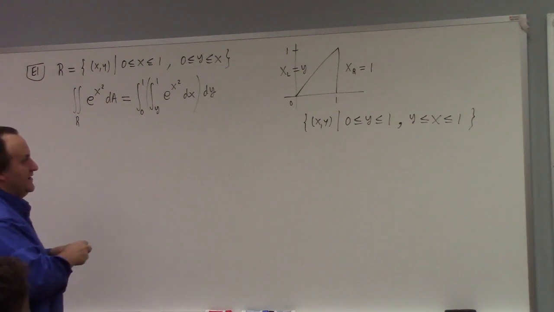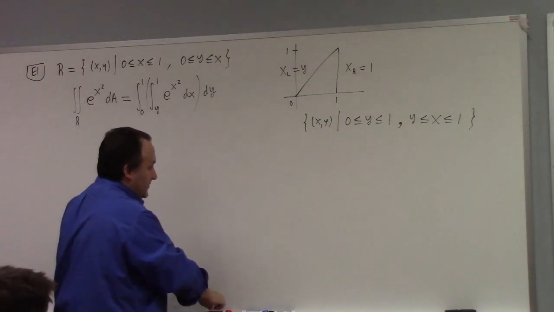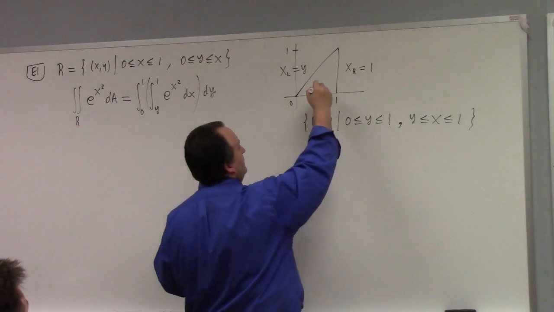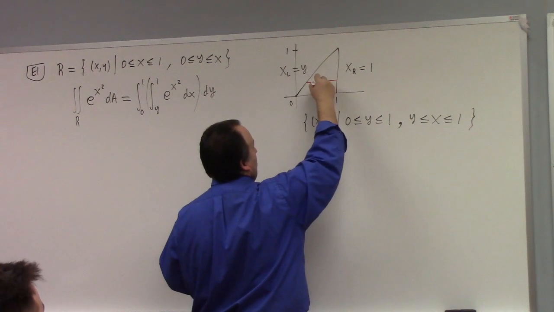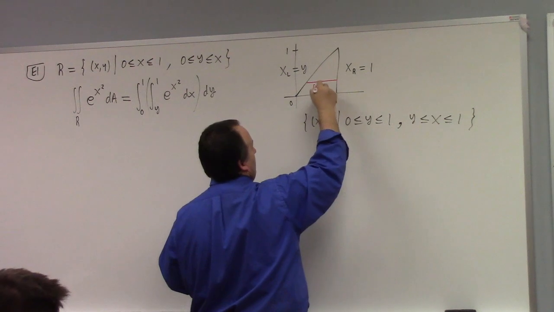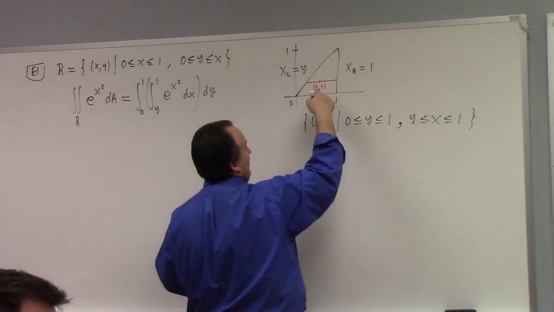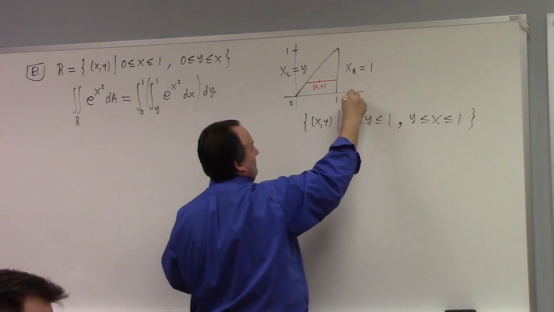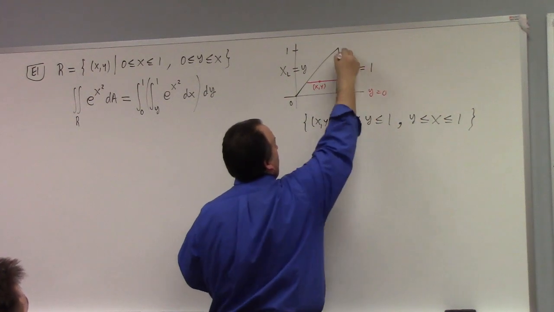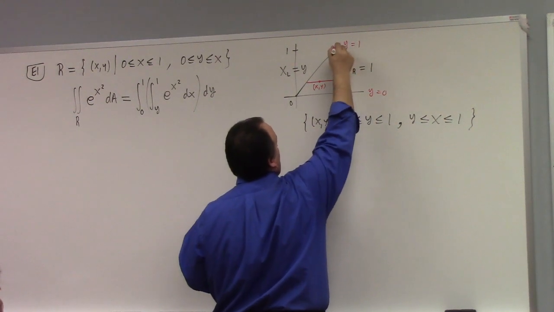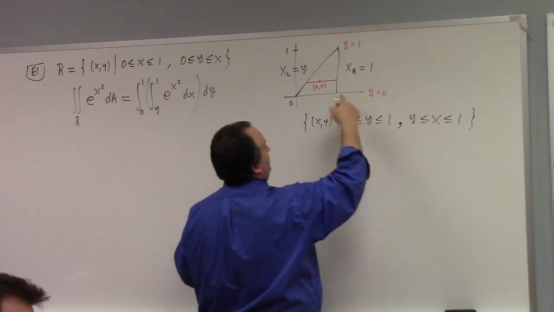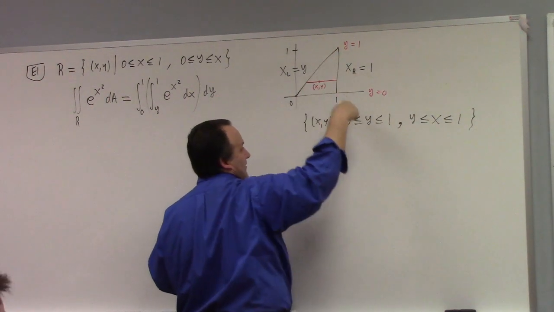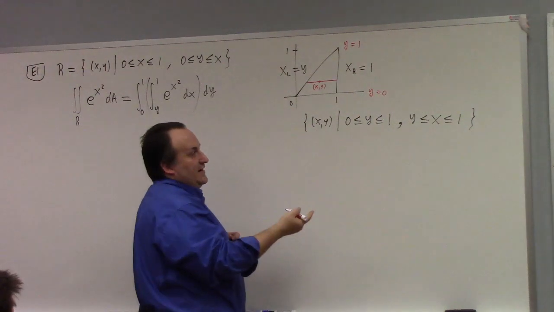I haven't set it up the other way yet, but the idea is you pick a point, and if you pick that point and you look at it, y is between 0 and 1, and x is between y, which is on the left, and 1, which is on the right.